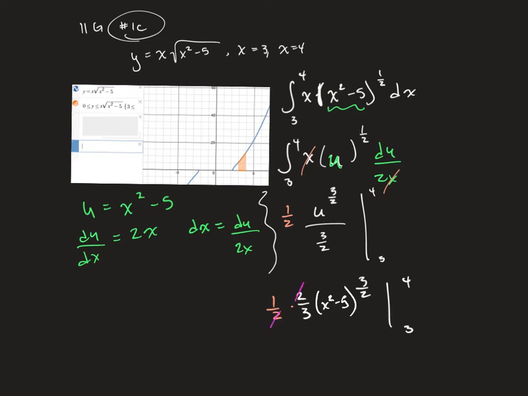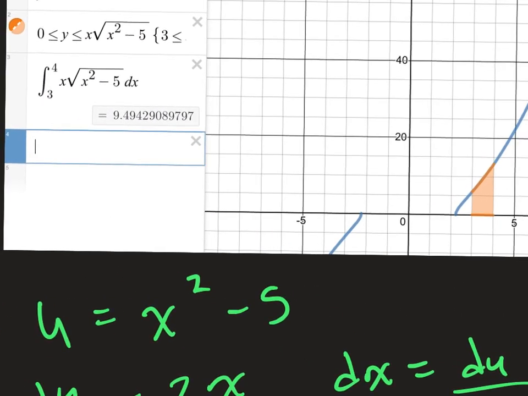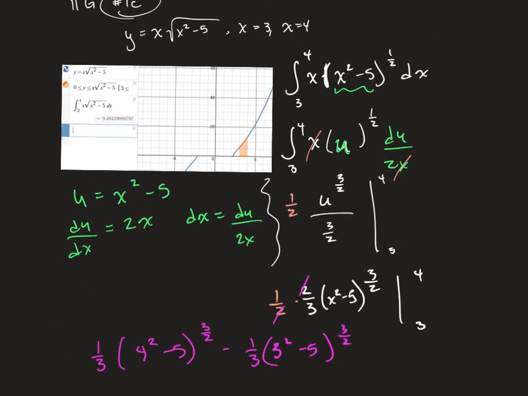This will simplify, and we're just going to get 1/3 times 4 squared minus 5 to the 3/2 minus 1/3 times 3 squared minus 5 to the 3/2, and that will get us about 9.49. Cool. Let me know what questions you got.